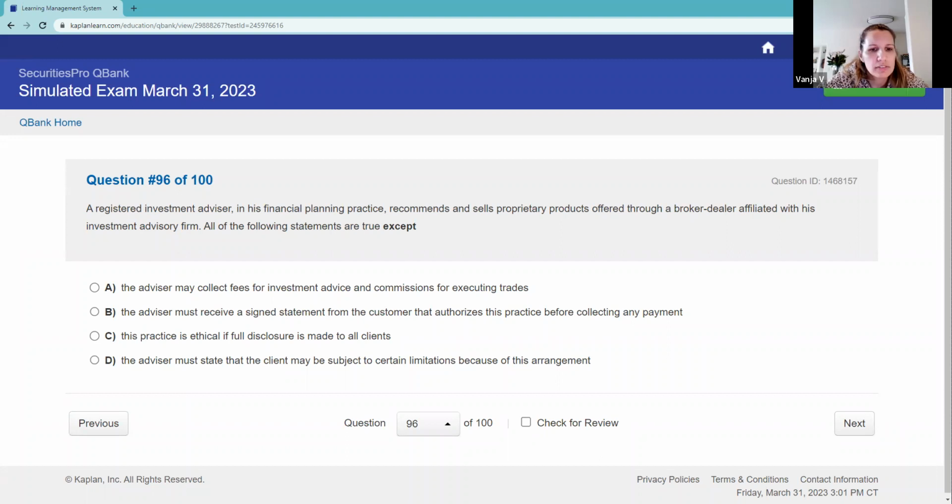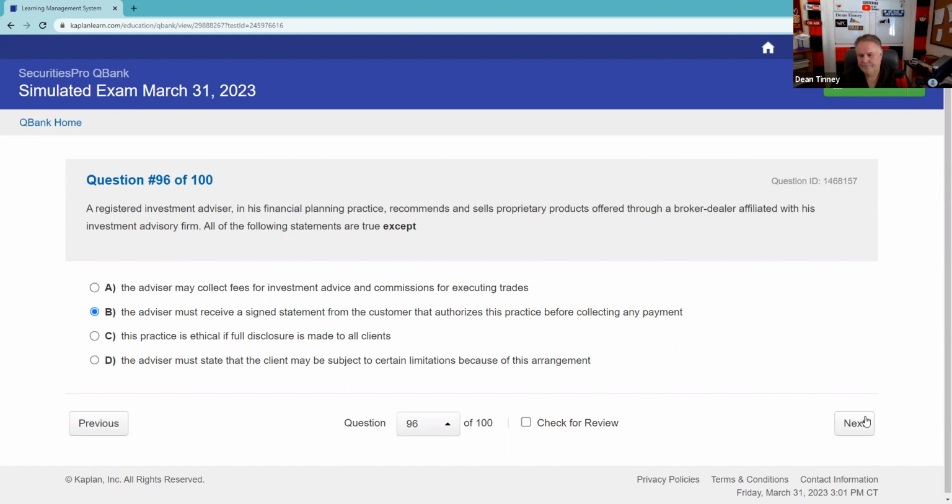The advisor must receive a signed statement from the customer that authorizes his practice before collecting any payment. Nah. The practice is ethical if full disclosure is made to the client. That's true. The advisor must state that the client may be subject to certain limitations because of its arrangement. Yeah, that's true too. So the except would be the advisor does not have to get a signed statement. So B.